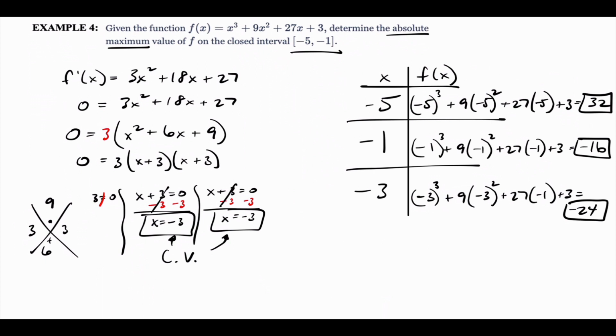So what was the biggest y value? Out of those three, what was the biggest number, the highest number? 32, right? That's my absolute maximum. 32 is my absolute maximum.